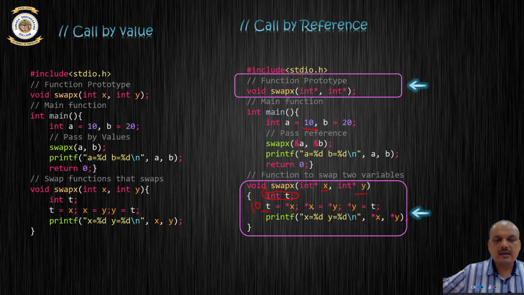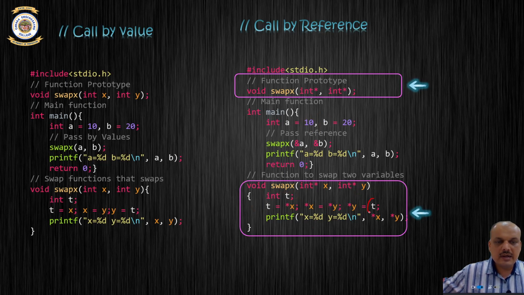The address of a. So the address of a gets the value 20. That means this 10 gets replaced by 20 in this function, since you are passing by reference, and it is the address that you are pointing to, not the value directly.